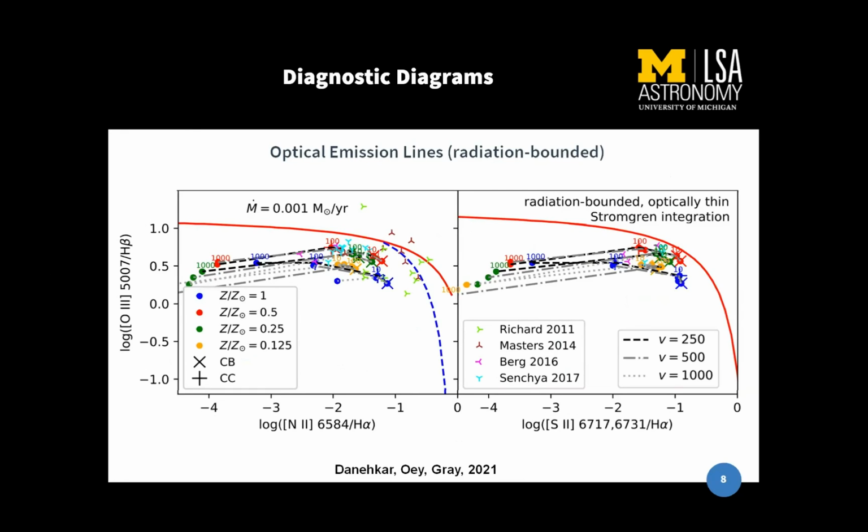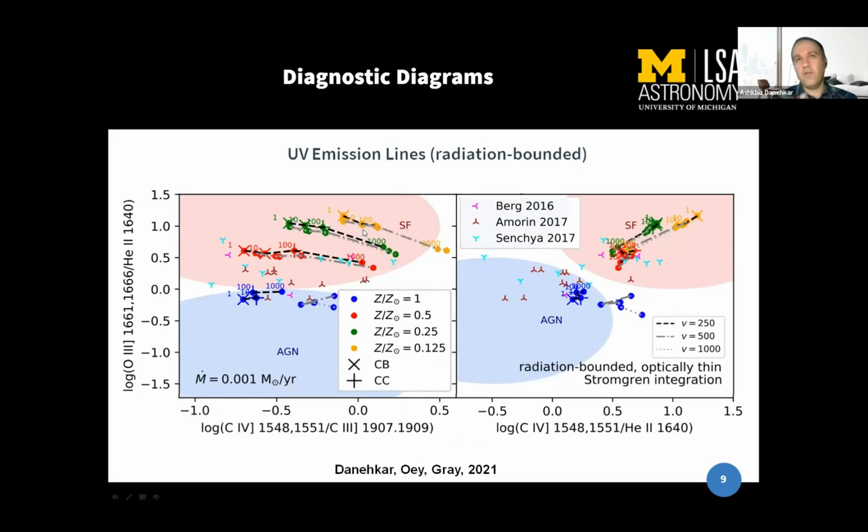And it looks like from these diagrams that you can't really diagnose metallicity. The metallicity lines all seem to cluster around each other. With the change in metallicity, in optical, no. But in the UV, you see the change in metallicity contributes to higher cooling.